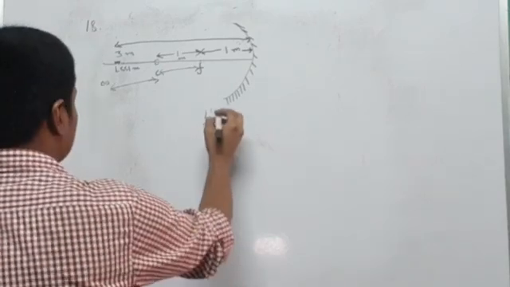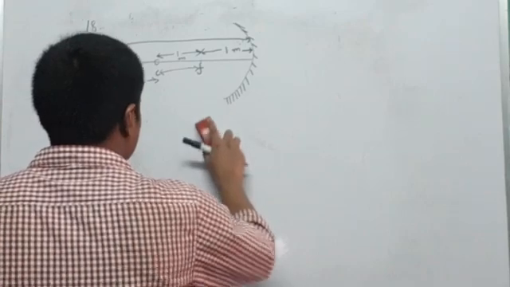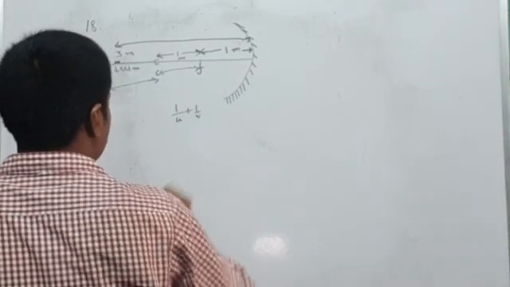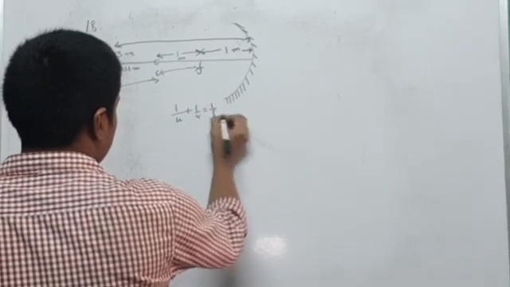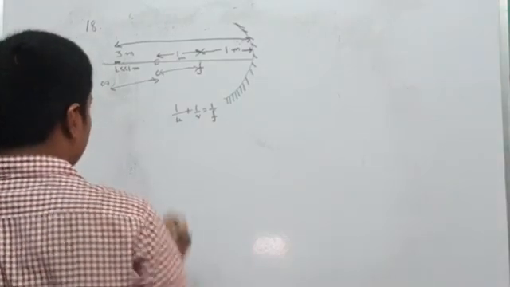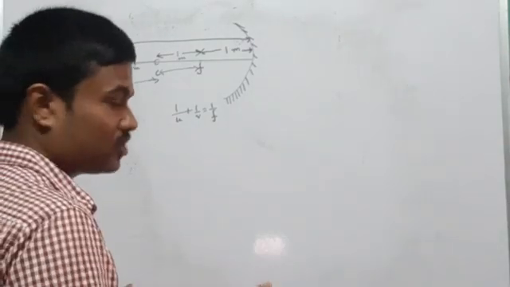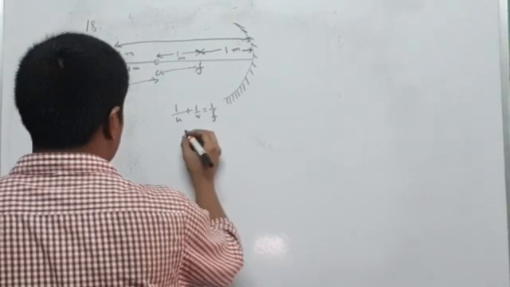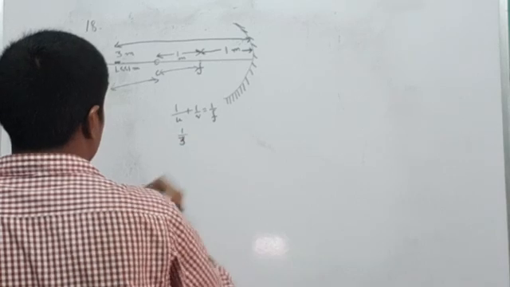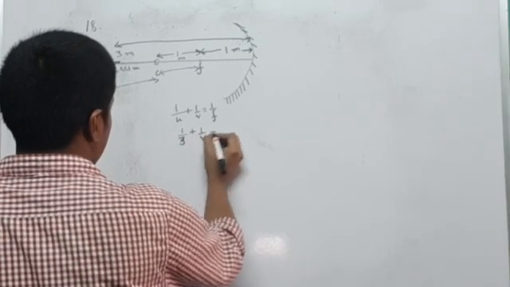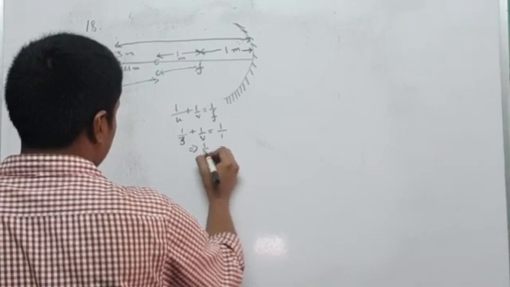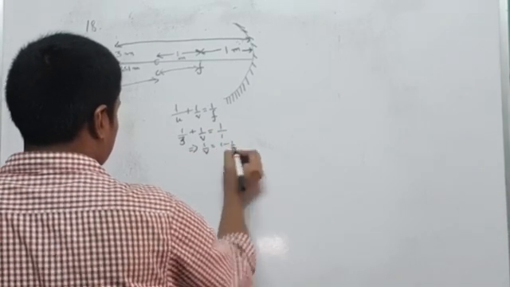So in this case, we don't have to worry about locating the image at all, because we can simply use the very well-known formula: 1 over object distance plus 1 over image distance equals 1 over focal length. Our object distance is 3 meters, our image distance is unknown, focal length is 1 meter.